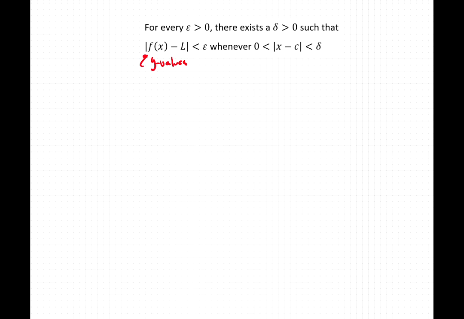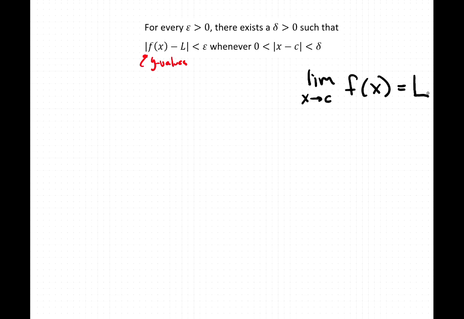So when we have the limit as x approaches c of f of x equals L, there's the c and the L. The c is the specific constant that the x values are approaching, and the L is the y value that the corresponding y values are approaching.